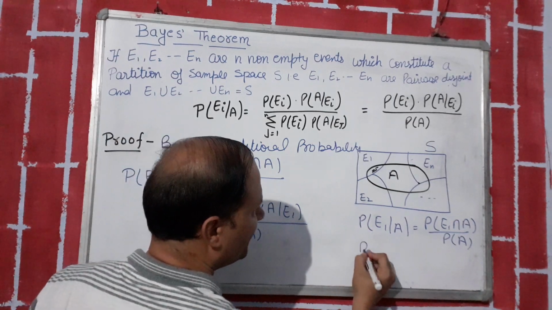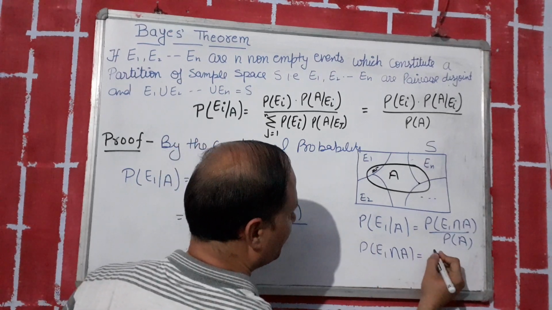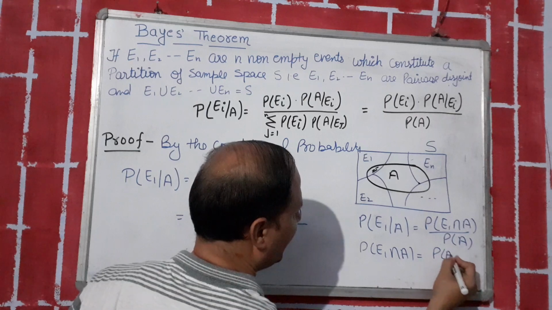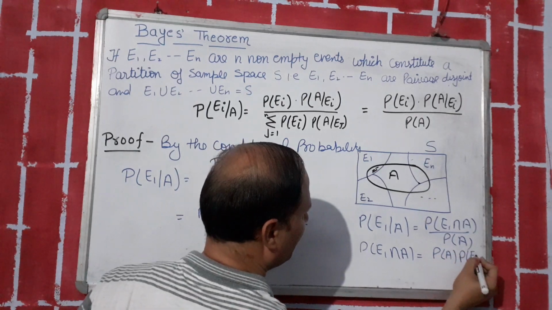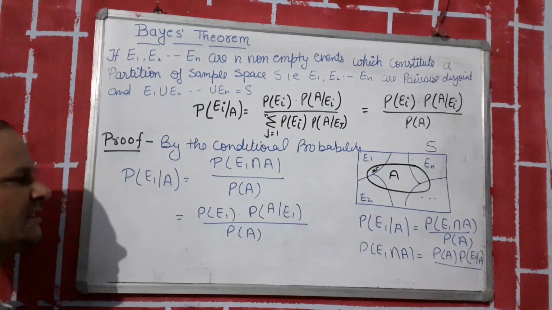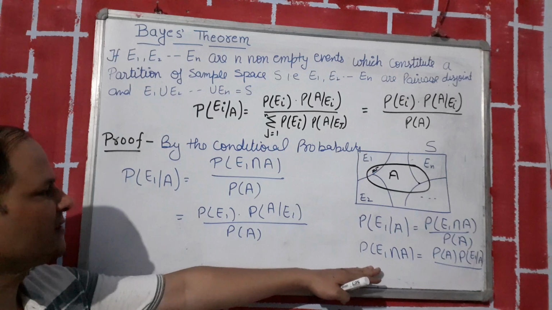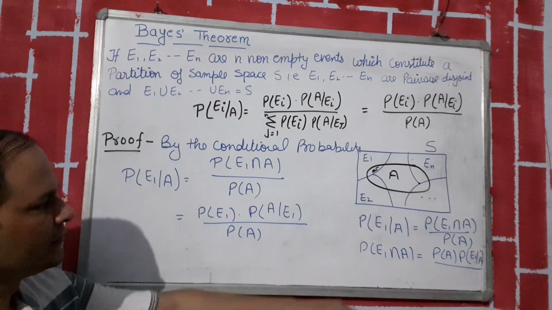So P(E1 intersection A) equals probability of A into probability of E1 upon A. This is called the multiplication rule of probability.